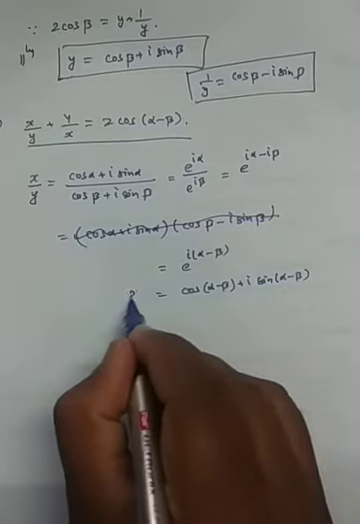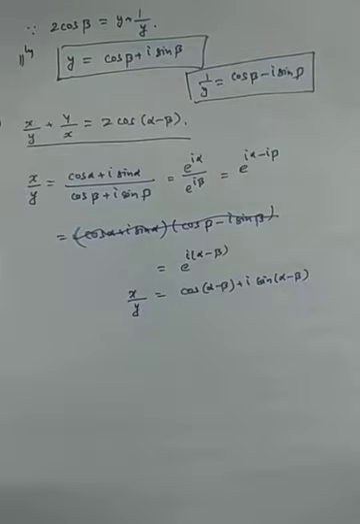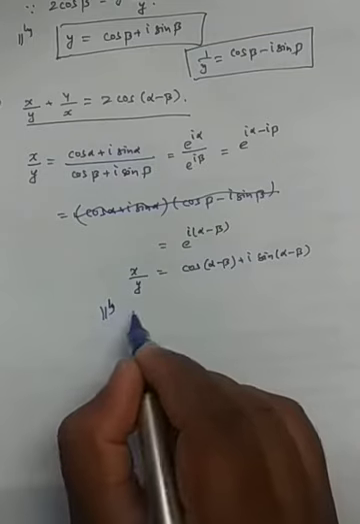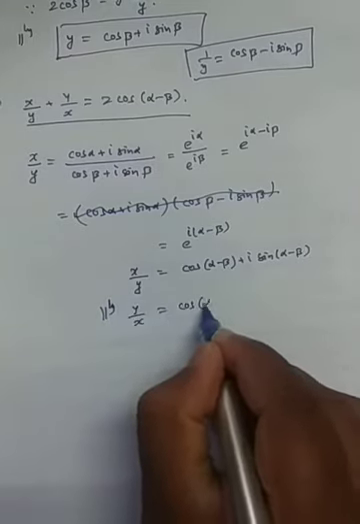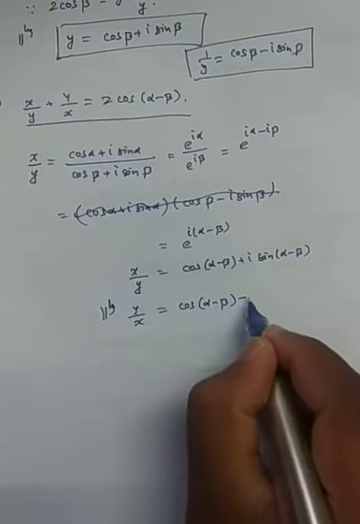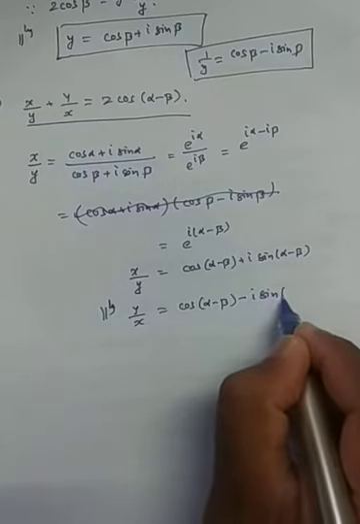This is x by y. Similarly, y by x: what will come? The same thing will come, cos alpha minus beta minus i sin alpha minus beta.